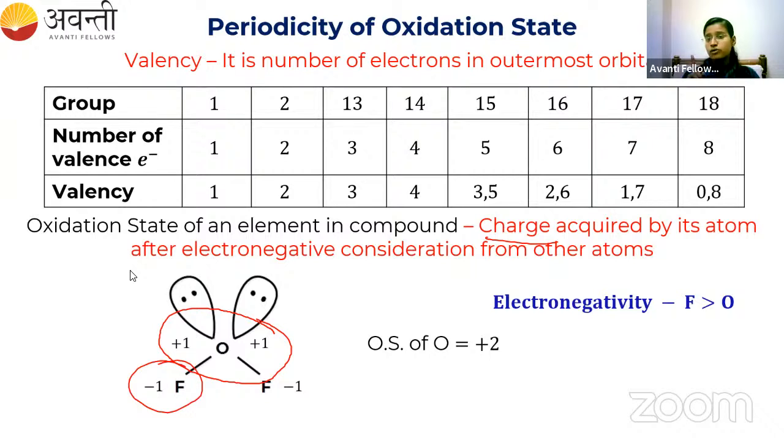You have to consider one fluorine only, the charge acquired by one atom. For oxygen, I told you it is +2. Yes, very good. For fluorine, it is -1. The oxidation state of fluorine is -1. Is it clear?